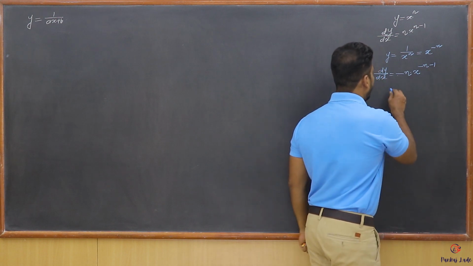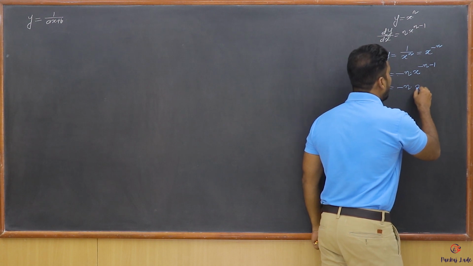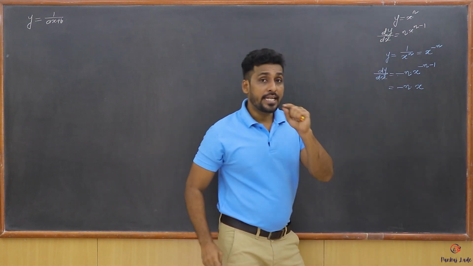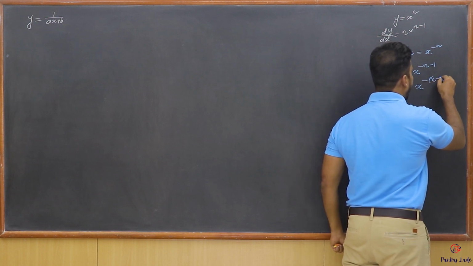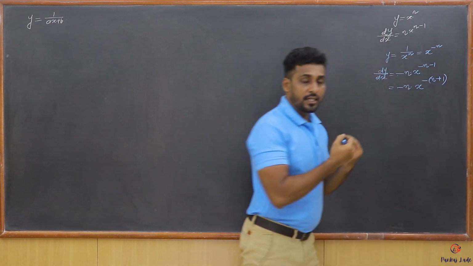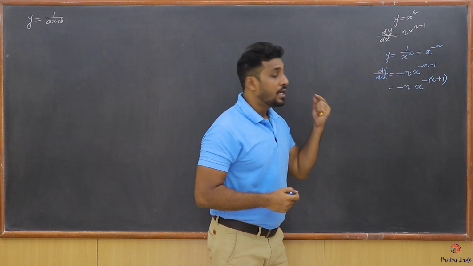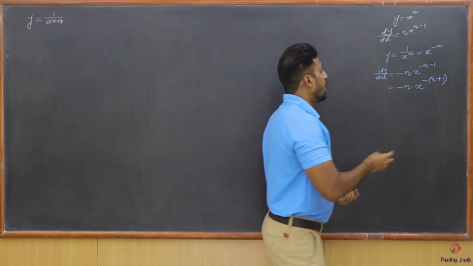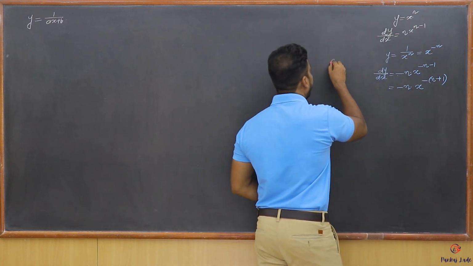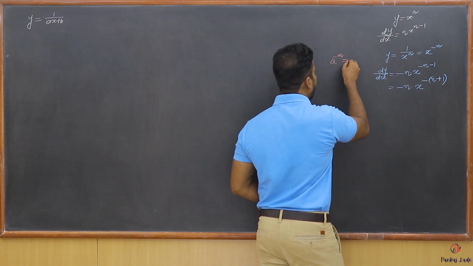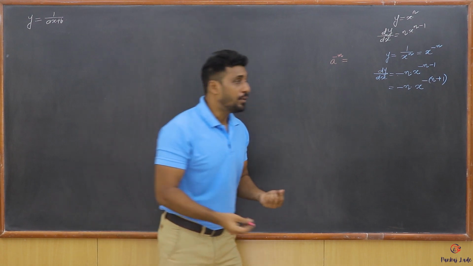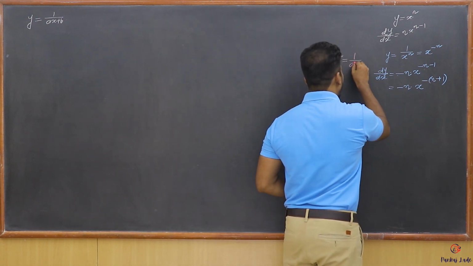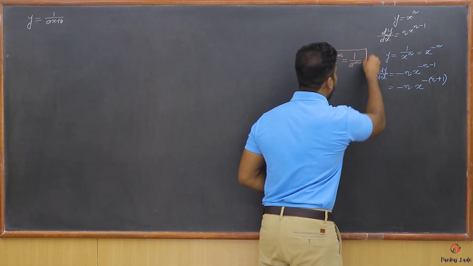Now students, observe this carefully again. Minus n x raised to, can I bring the negative sign common? I can bring the negative sign common here, so I get minus of n plus 1. I've taken out the negative sign common, so you get minus n plus 1. Now students, tell me, what is a raised to minus m? Using the law of indices, a raised to minus m will simply become 1 upon a raised to m, isn't it?